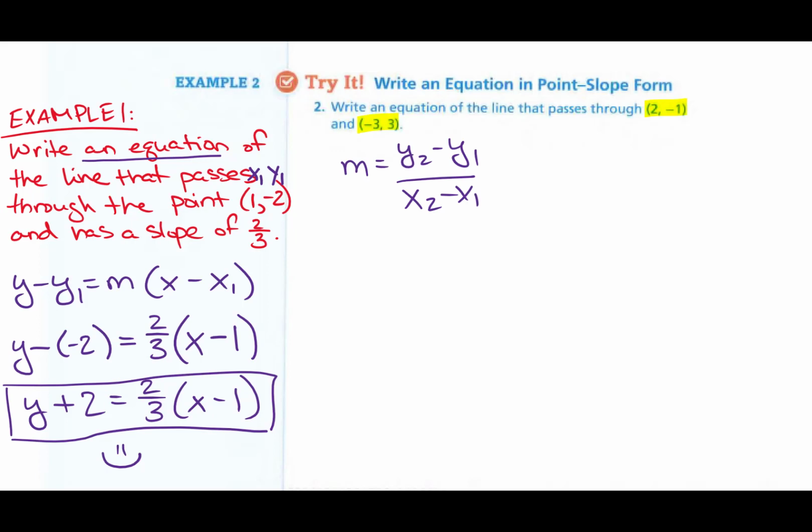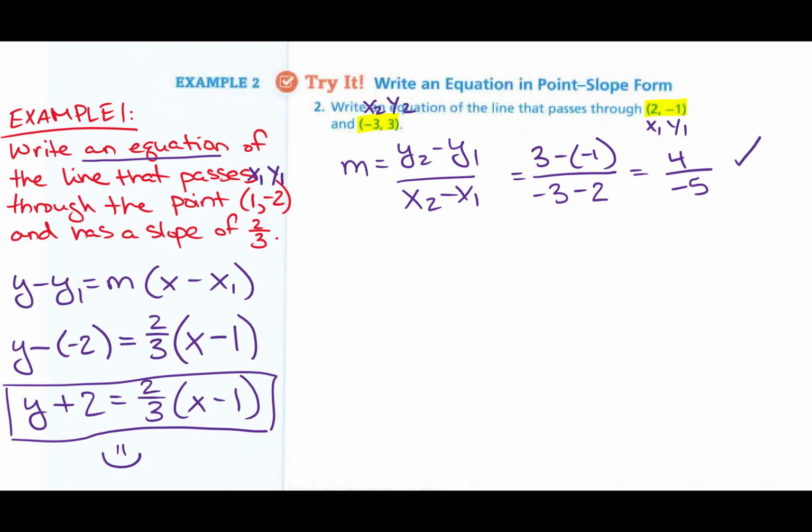It doesn't really matter which point you call which. We'll call this the first point though, x1, y1, and this will be my x2, y2. And so we'll plug these in. So -3 minus -1 all over -3 minus 2. And then we'll simplify. -3 minus -1, we get -2 all over -3 minus 2, -5.